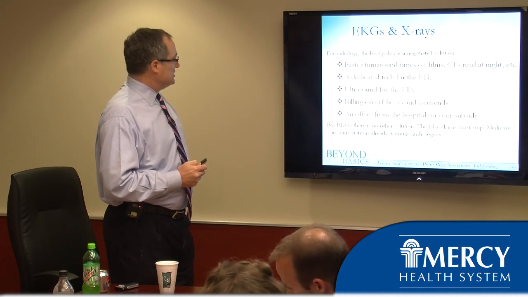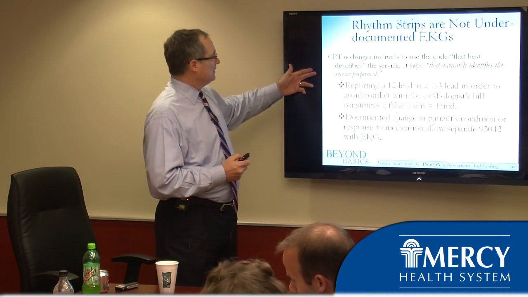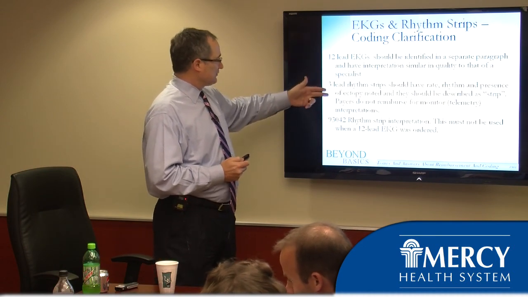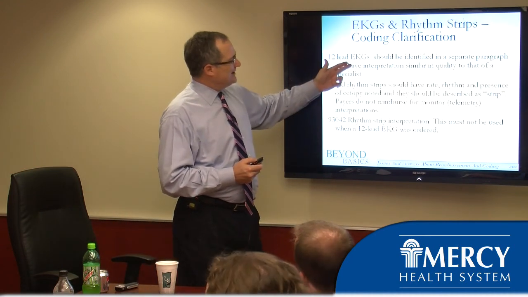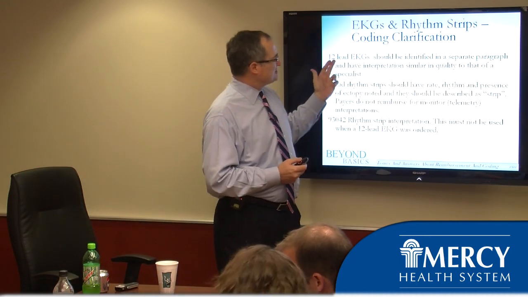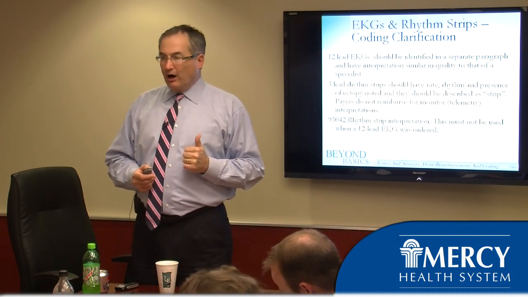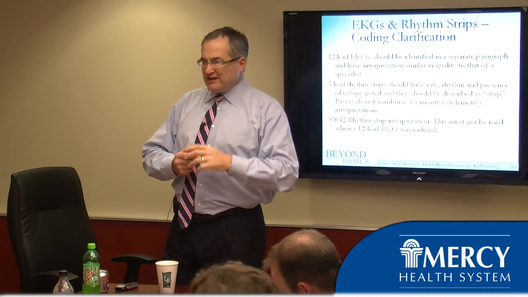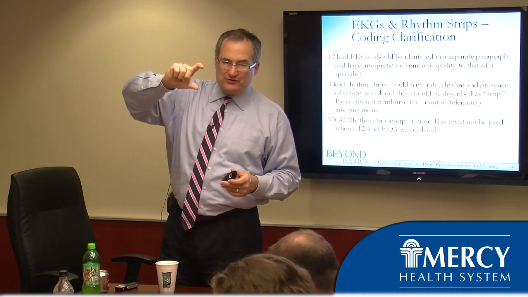Okay, EKGs. So let's talk about what I need in order to bill a 12 lead or a 3 lead. Well, first, in my record there should be a separate paragraph for each EKG interpretation. It doesn't have to be a separate piece of paper, but it needs to be separated out.